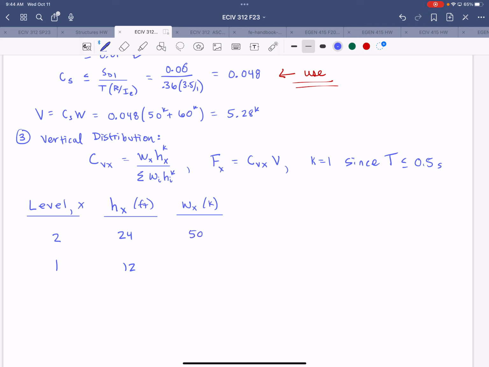We had 50 for 2 and 60 for 1. So then the numerator would be this product, WX times HX raised to the K exponent. So this would be 50 times 24, or 1200. And then 60 times 12, or 720.